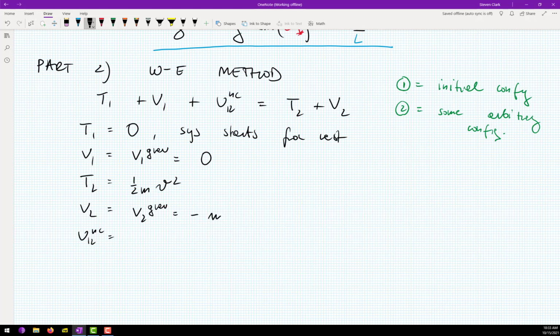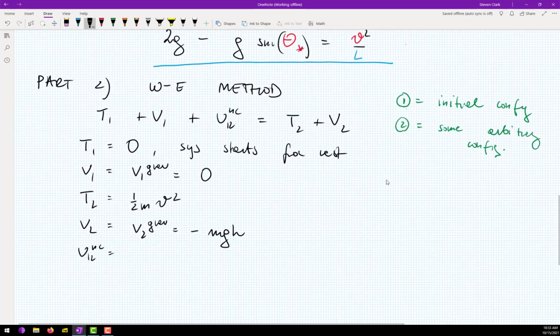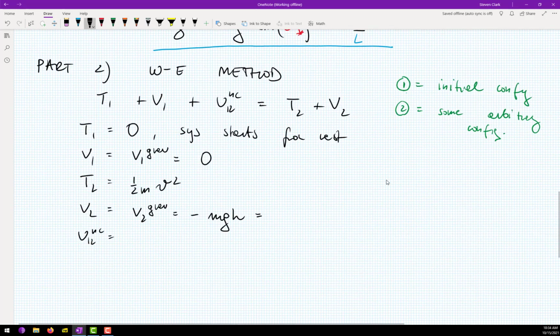It will be minus mgh, but you said that h will be L sine theta, based on this triangle. So that would be exactly minus mgL sine theta.